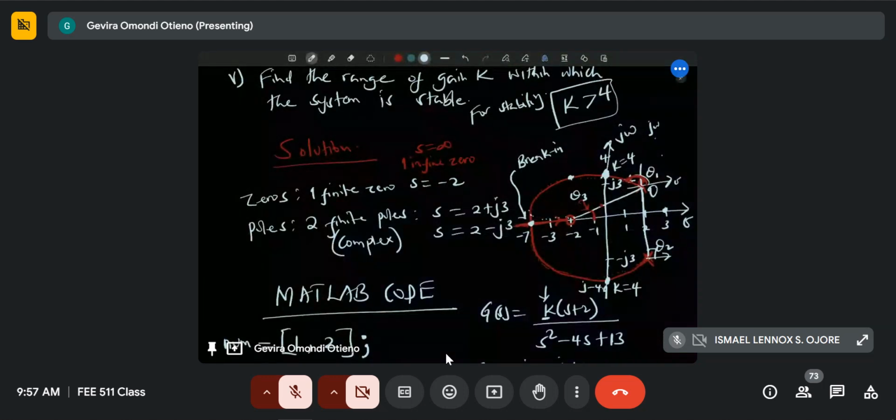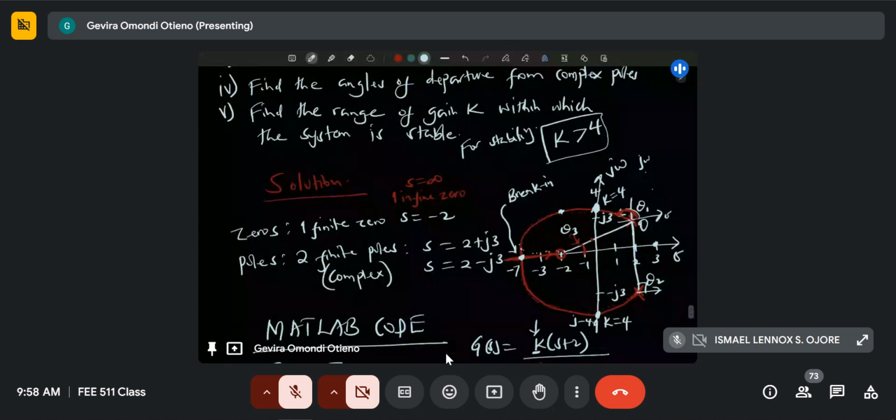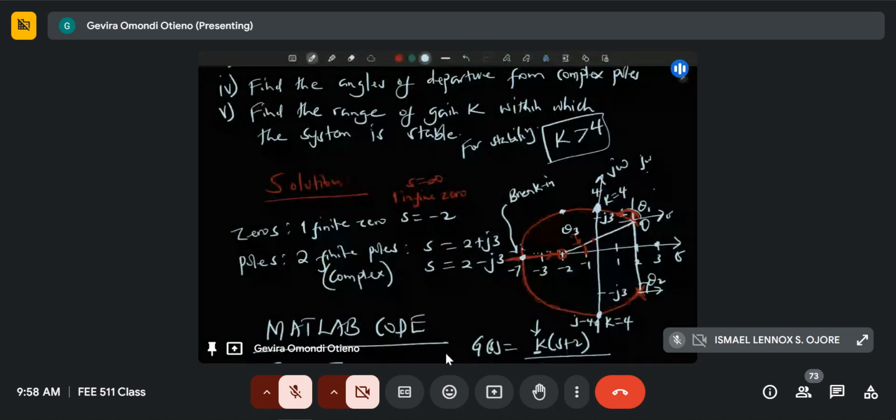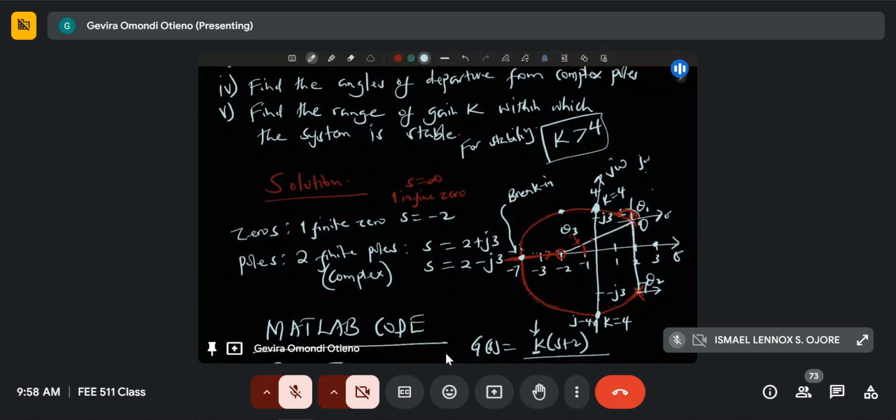Okay. When you're sketching, remember I said you only need asymptotes when you're sketching the root locus. We have determined even from our previous class and the examples we did, the only way you use asymptotes is when you know that your root locus is heading towards some zeros at infinity.